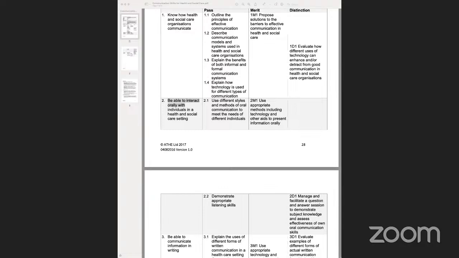And then the distinction criteria is to help facilitate some sort of Q&A session, which would mean that if I were to ask you a few questions, at some stage you would need to answer them, not only understanding the question, but comprehending the information, and then responding to ensure that you are providing the most appropriate response, in this case in oral communications in particular.